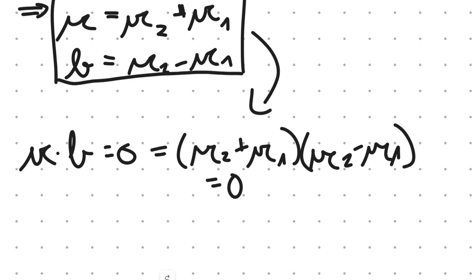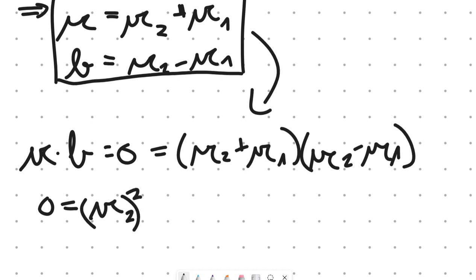I would like to use the distributive rule to distribute the parentheses, which gives us the third binomial theorem, stating that 0 is equal to u2 squared minus u1 squared.